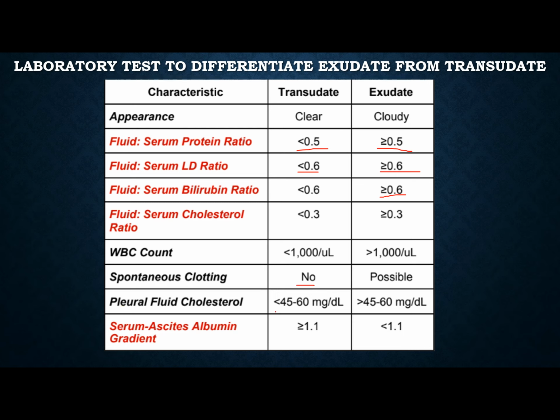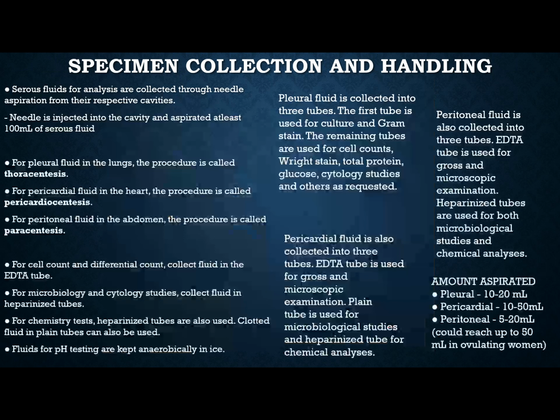If it's less than 45 to 60 milligram per dL, it's a transudate. If greater than 45 to 60 milligram per dL, it's an exudate. Then the serum ascites albumin gradient. If it's greater than or equal to 1.1, it's a transudate. Exudate is less than 1.1. So do memorize this table, class. They will come out in your quiz.